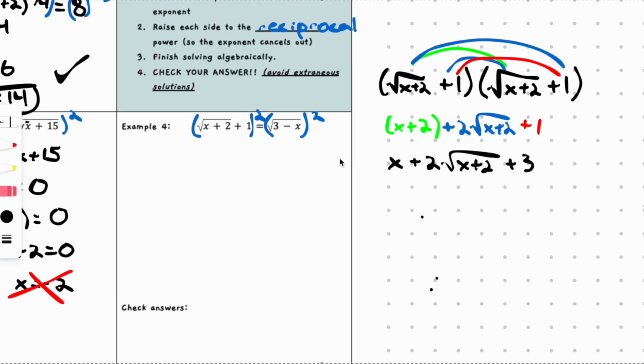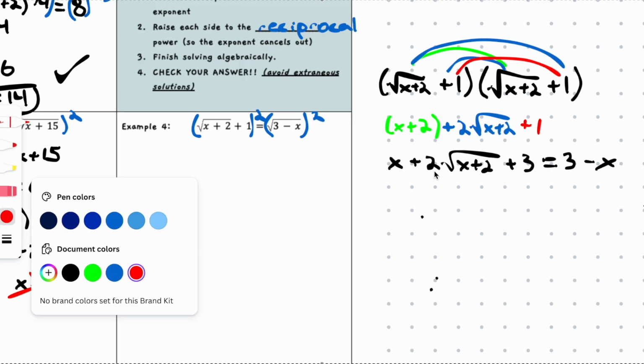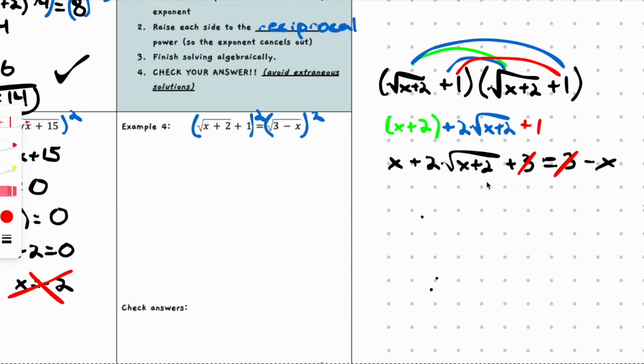When we do root 3 minus x squared, we just get 3 minus x, right? The square cancels out that radical. So now we want to isolate the root again. First we notice that we have a positive 3 on both sides, so I can just cancel that out.